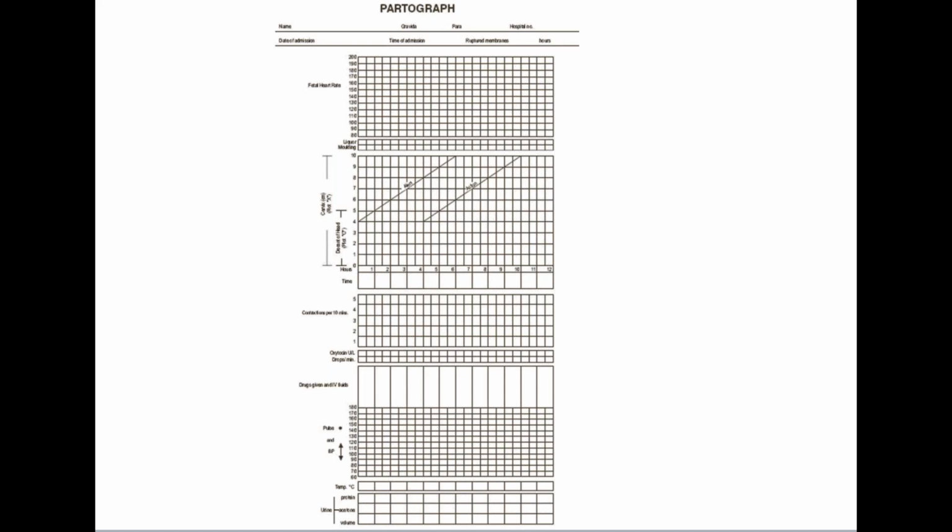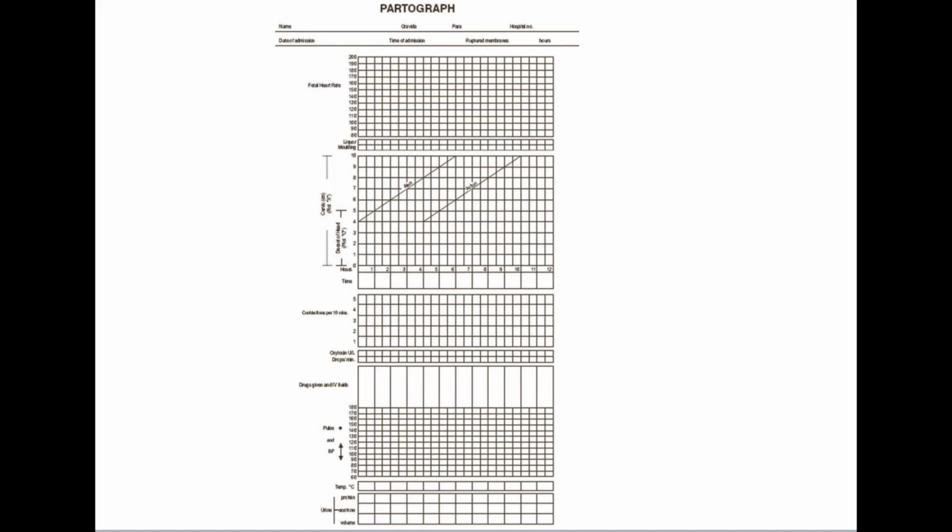You can just record it here with an O. For example, if it is the descent to minus 2 station, I will write O at 2. The descent of the fetal head ranges from 0 until 5, and we need to document where exactly the head is.